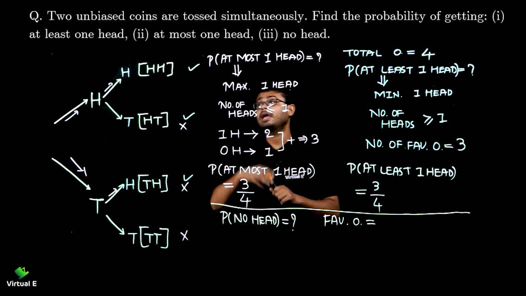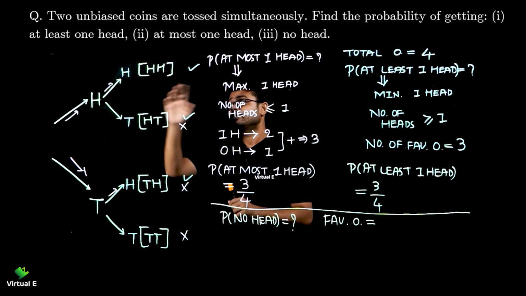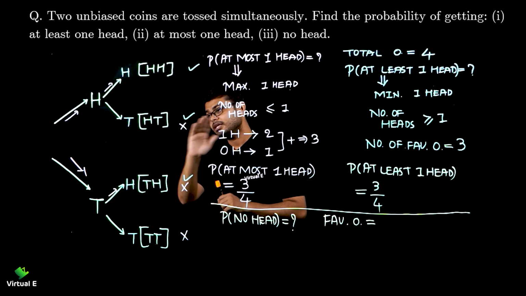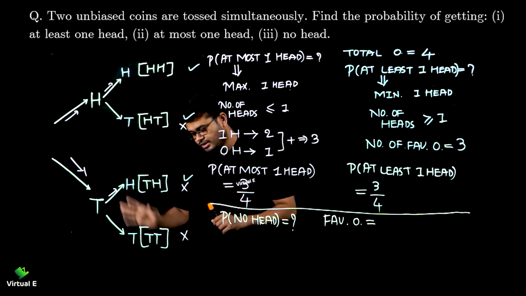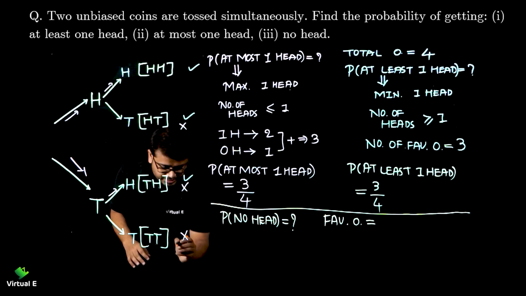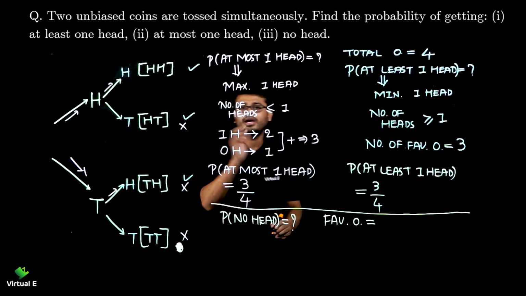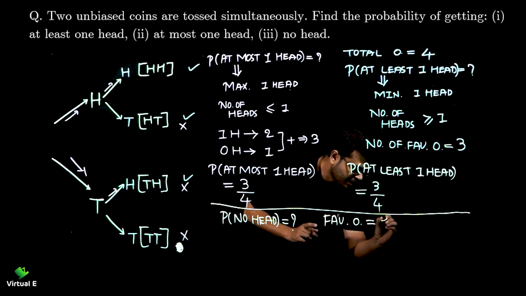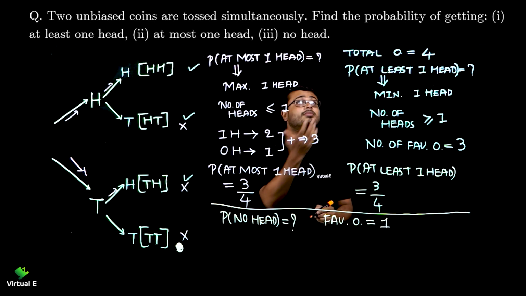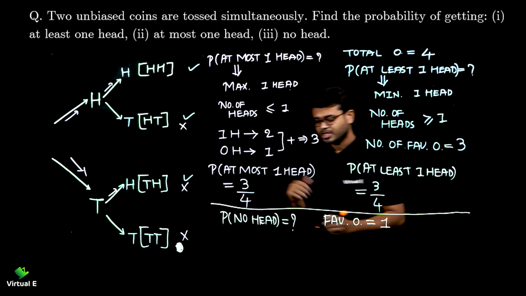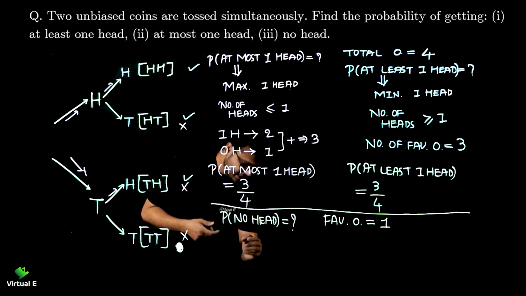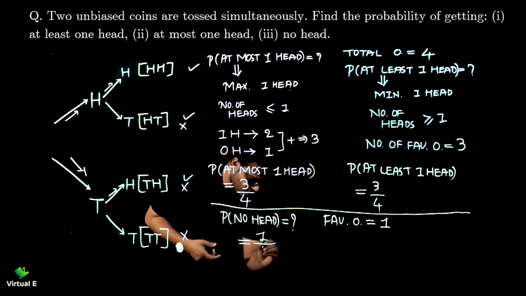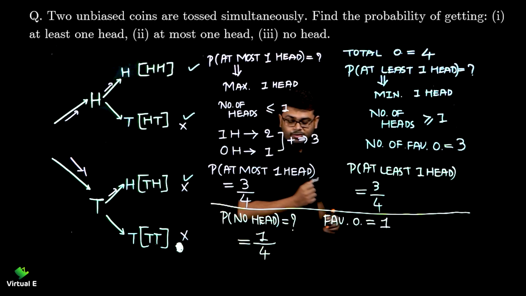We don't want any head at all. Here there is a head, we cannot accept. Here there is a head, not at all. Here as well, not accepted. So this is the favorable outcome: tail and tail, there is no head at all. So there is only one favorable outcome. And the total number of outcomes we already know, that is 4. So let's apply the formula and directly get the answer: favorable outcome 1 over, in the denominator, total number of outcomes, that is 4.